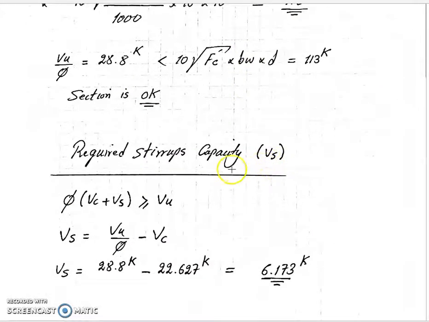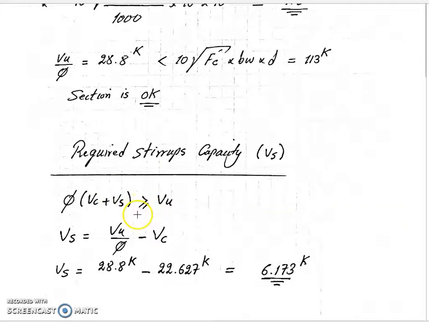So the other step is to find the stirrups capacity. We have this equation here: phi multiplied by Vc plus Vs. Vc is the concrete shear capacity, Vs is the stirrups or steel shear capacity.